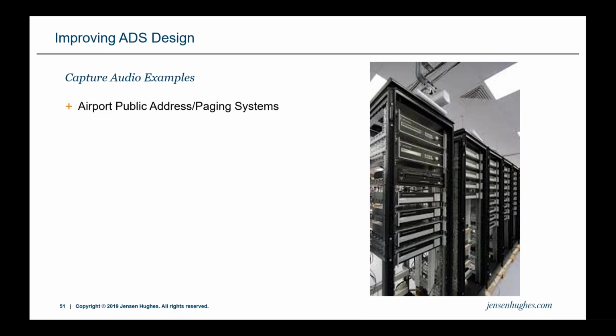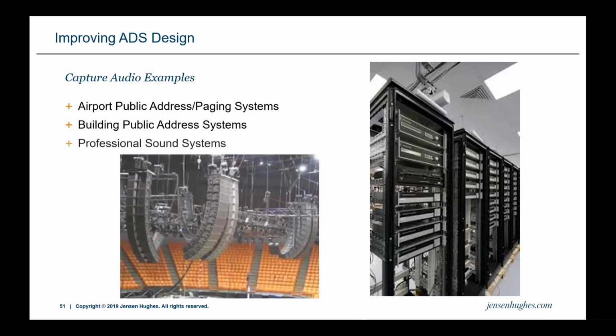And they're in these amplifier racks with backup amplifiers and the like. Highly reliable and good quality with a lot of options. Some building public address systems are quite good. Now, again, we're talking high-end, commercial grade or better, not a system you'd run and kludge together from a store.